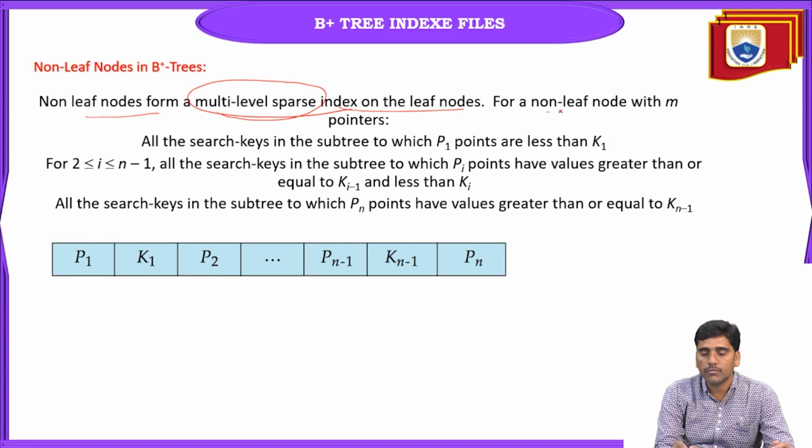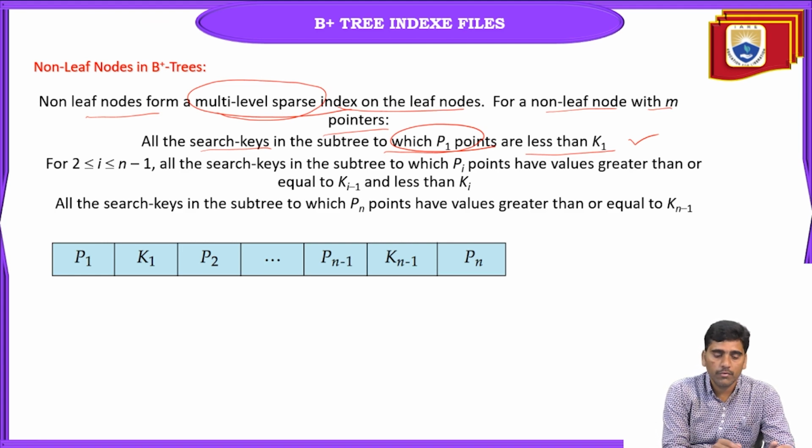For a non-leaf node with m pointers, all the search keys in the subtree to which P1 points are less than K1. That means the number of search keys is less than the number of pointers. For 2 less than or equal to i less than or equal to n minus 1.